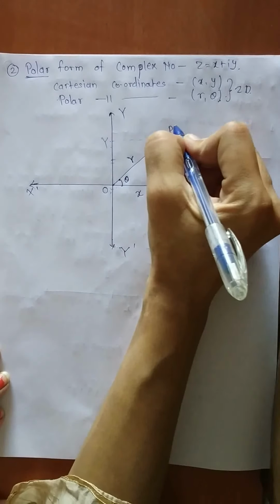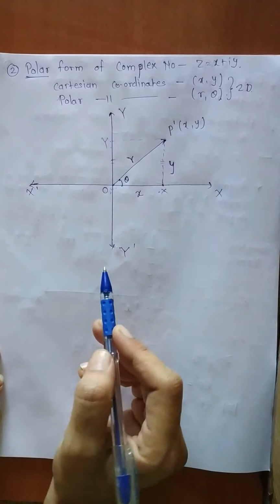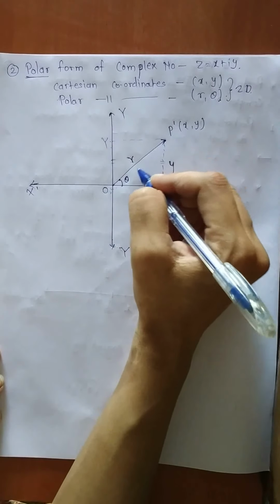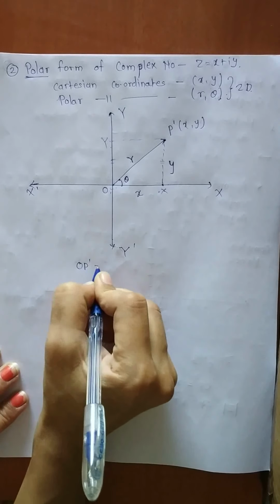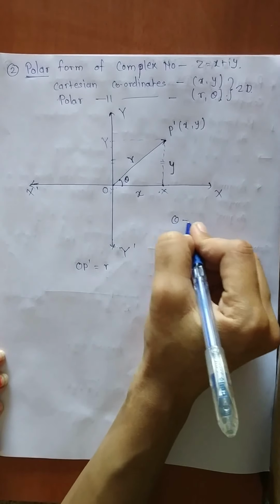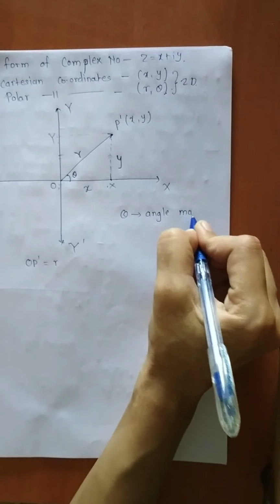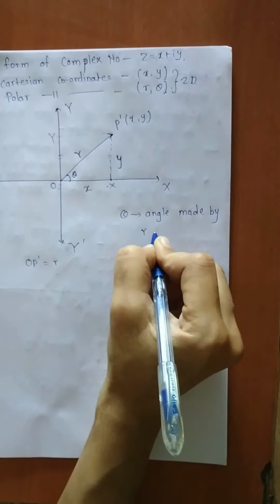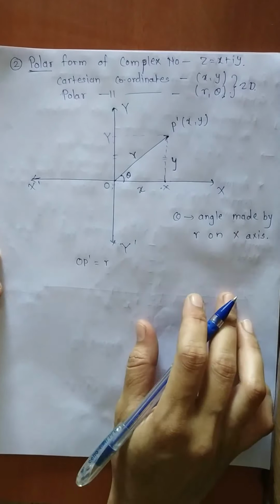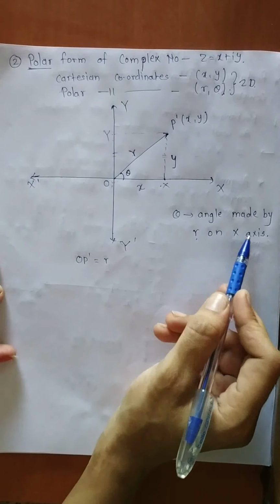Now I am considering this point as P dash, since previously we considered point P. So P dash is at distance r, that is OP dash is equal to r. Theta is the angle made by r on the x-axis, that we have already discussed. I have written those details on this page.